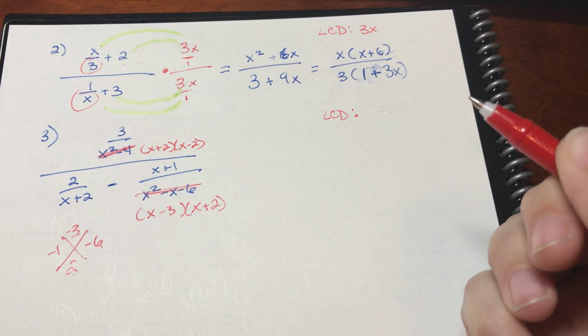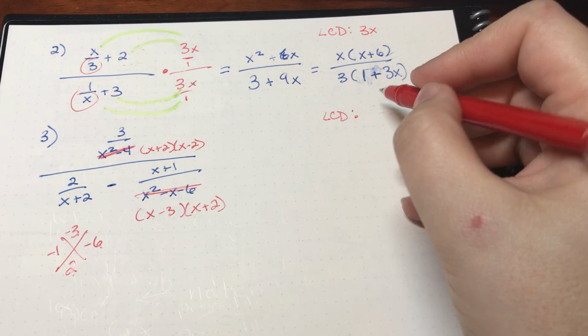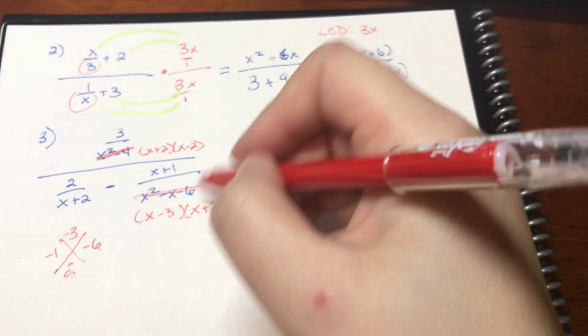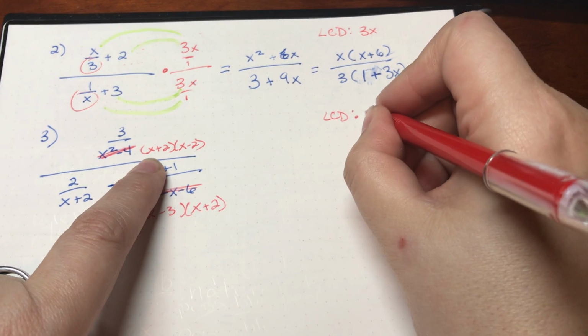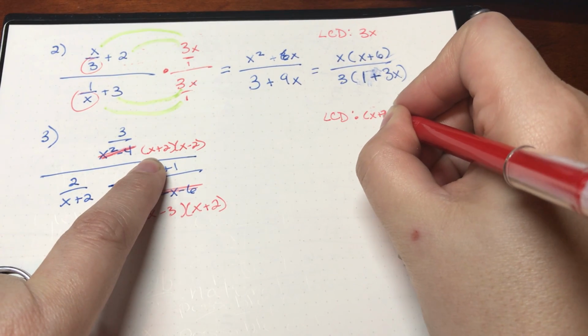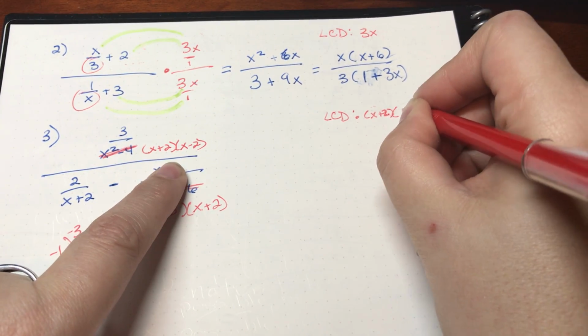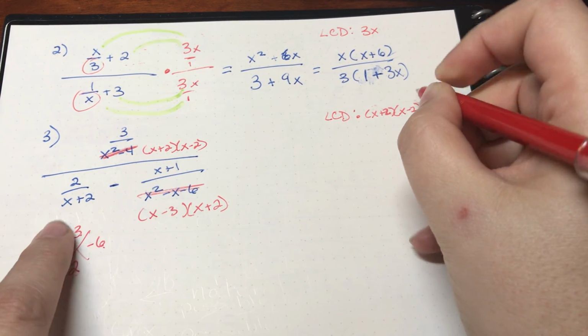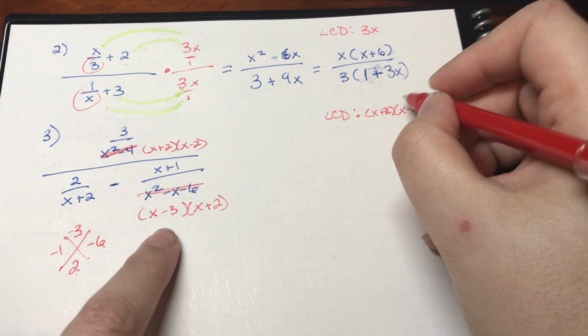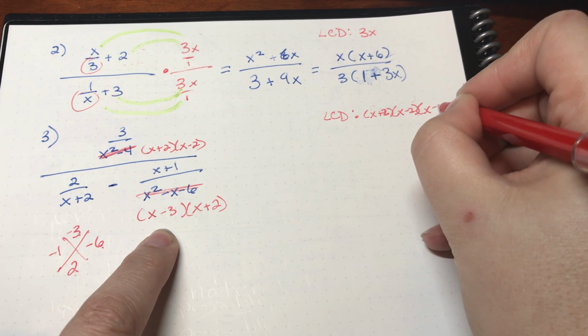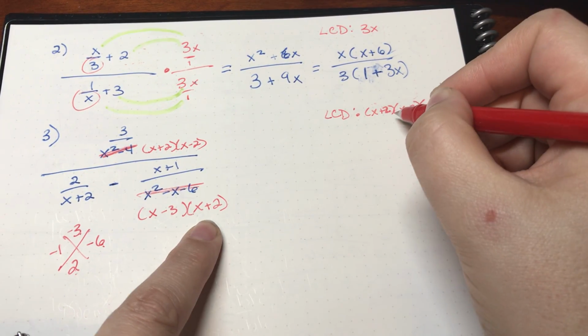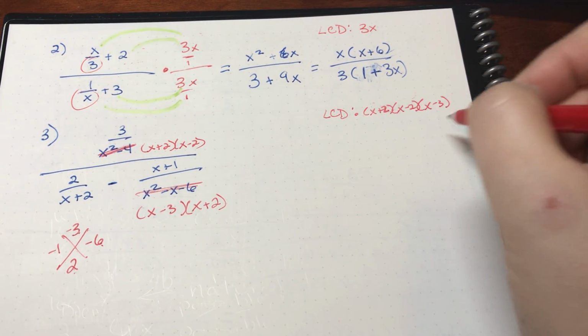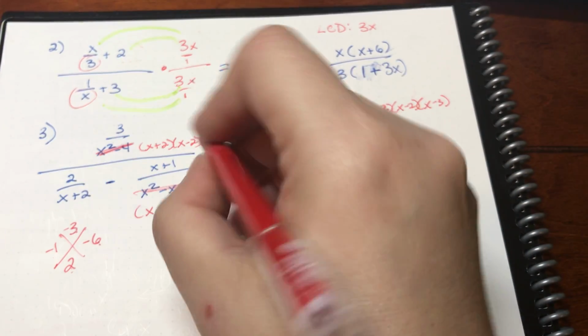Okay, so I'm going to use that instead. So now my LCD needs all of the parts. So I need this whole x plus 2 and this whole x minus 2. X plus 2 I already have. I need an x minus 3 and x plus 2 I already have. So here's my least common denominator.